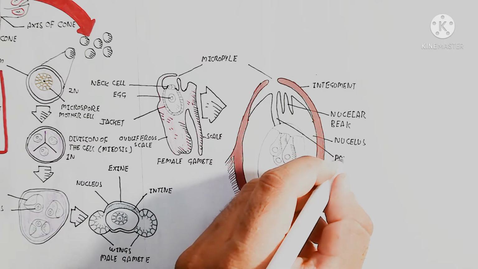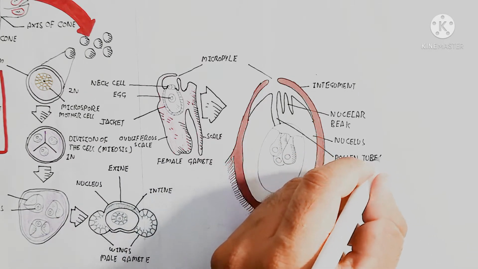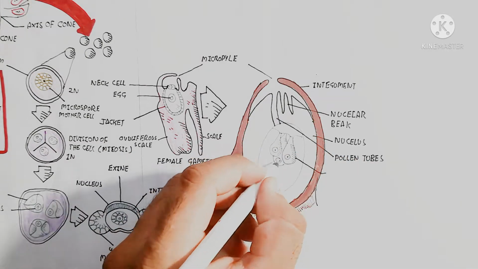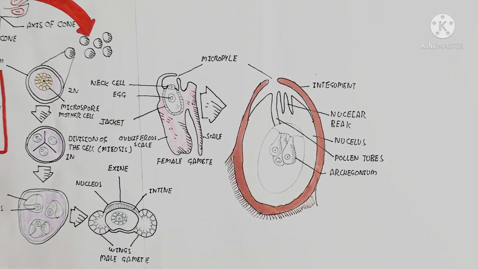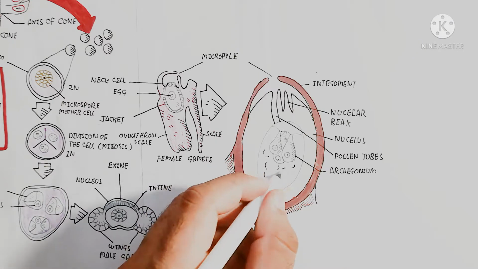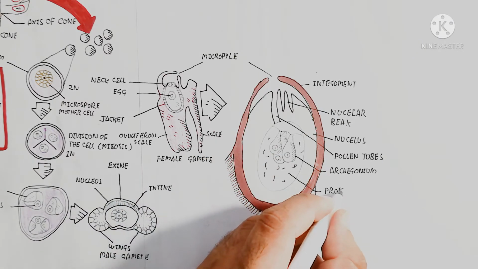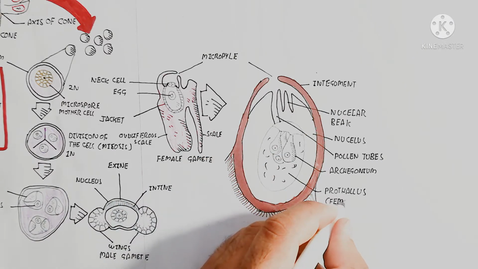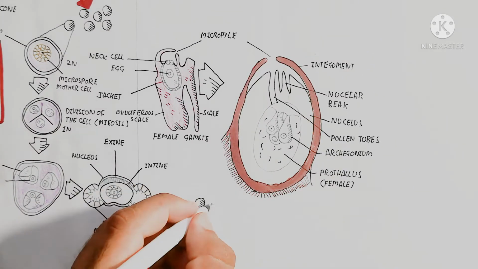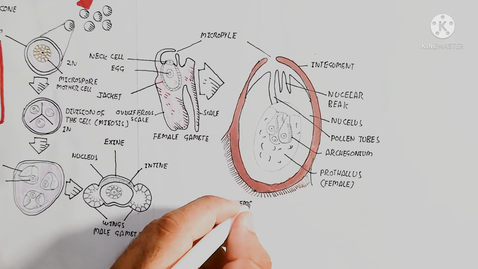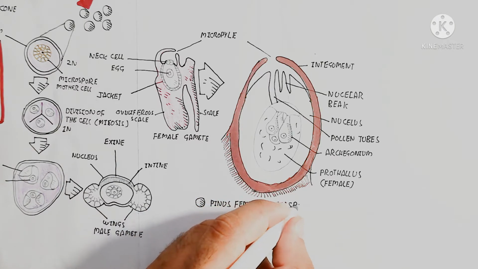So here is the nucellar beak. This nucellar beak is present, while here is the nucleus, and here is the pollen tube. The pollen tube is used for fertilization, and here is the archegonium. The receptive spot is also present, known as the chemoattractant, which attracts the pollen or male gamete.